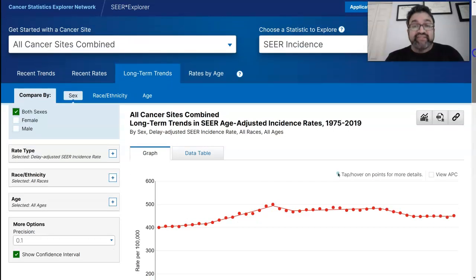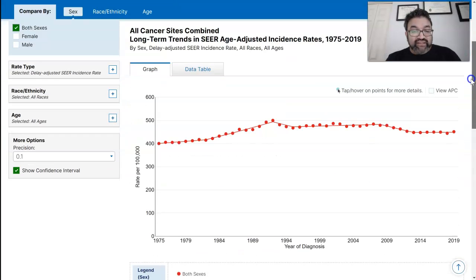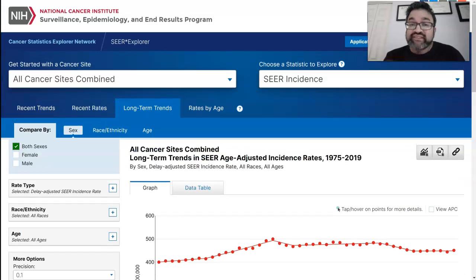So there is a general increase in the incidence of cancer from 1975, and this is an alarming trend. And so in public health, things need to be done. So how do we get to the root of this? How do we get to the bottom of this?